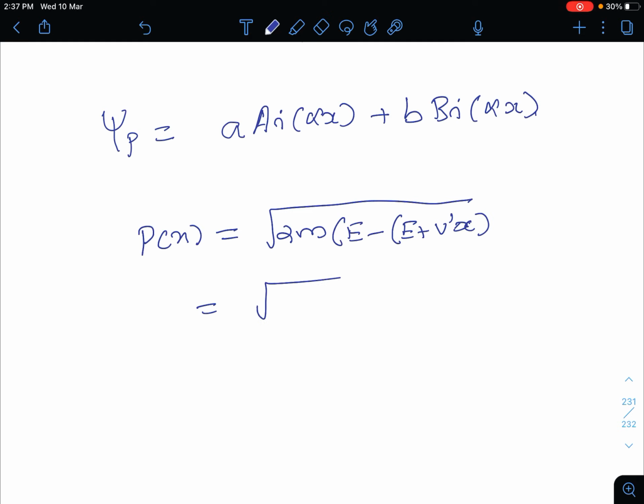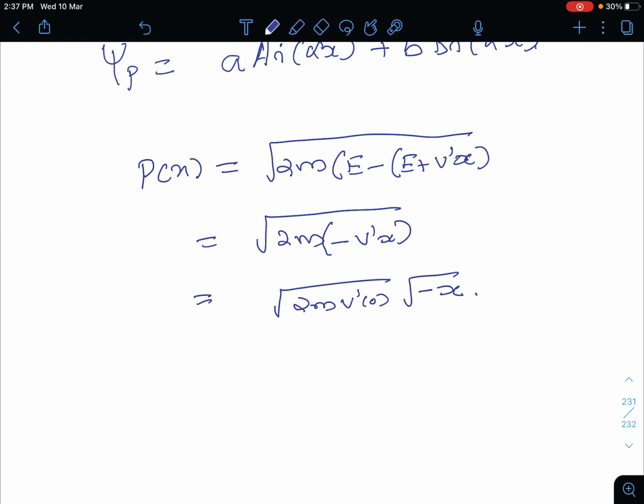Now what is that? Root of 2m, 2m of E minus E cancels, so V dash minus V dash x, that is root of 2m V dash of 0 into root of minus x.